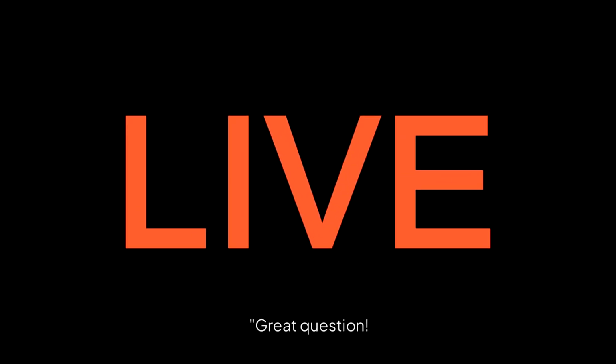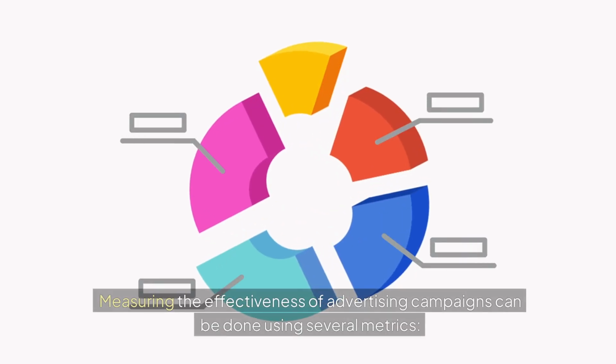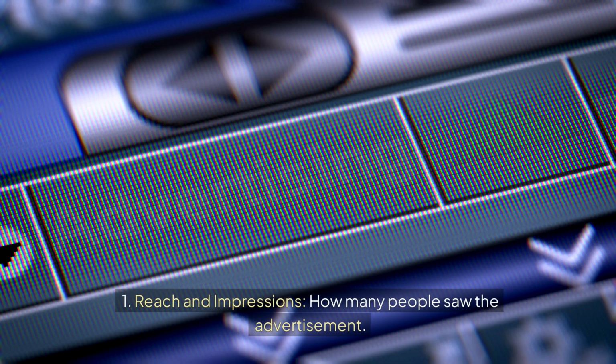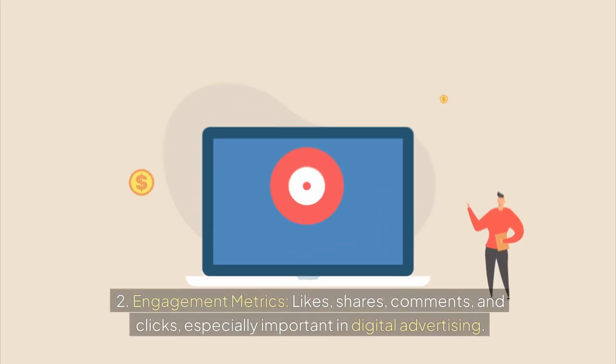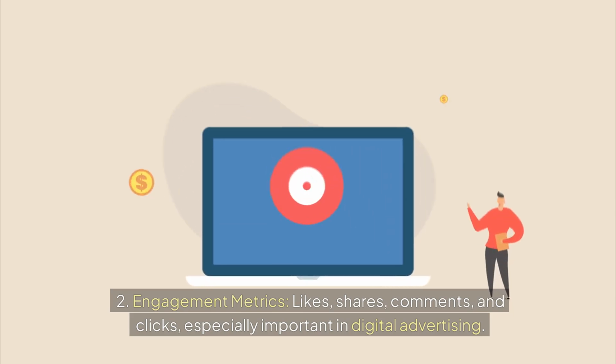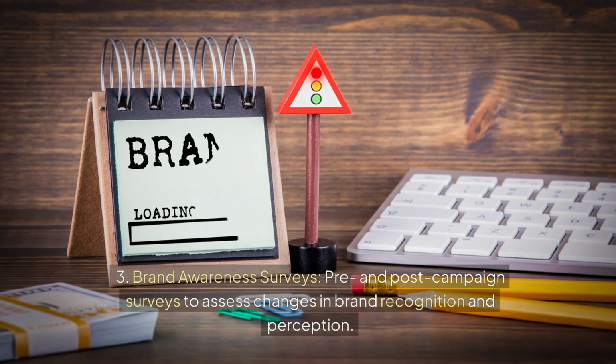Great question. Measuring the effectiveness of advertising campaigns can be done using several metrics. 1. Reach and impressions. How many people saw the advertisement? 2. Engagement metrics. Likes, shares, comments, and clicks, especially important in digital advertising. 3. Brand awareness surveys.